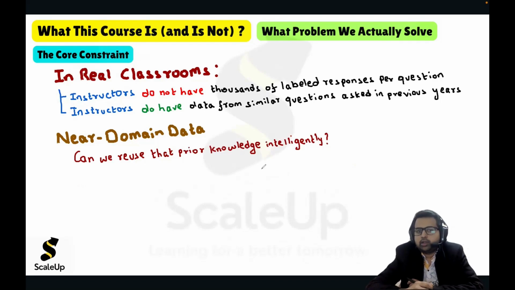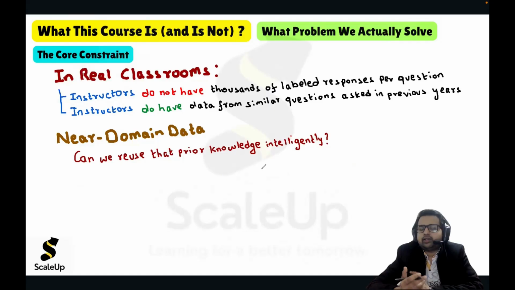We have prior knowledge of similar questions asked in previous years. Can we make use of those questions to create an AI-based grading system for short responses? That is the near domain data.